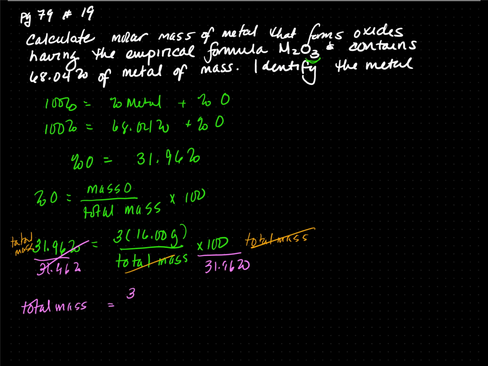So if you clean this up a little, the total mass is going to equal 3 times 16 times 100 divided by 31.96%. If you do the math correctly, you should get approximately 150.2 grams as your total mass. Since this is my total mass and I know my mass of the oxygen, we can find the mass of the unknown metal.